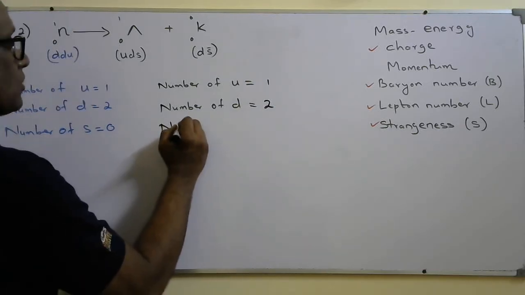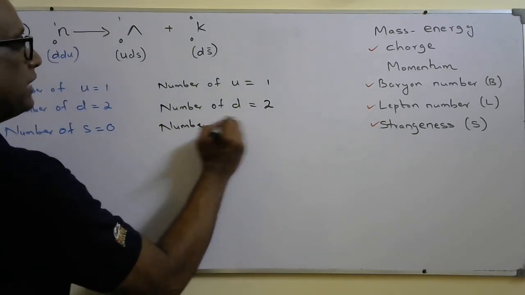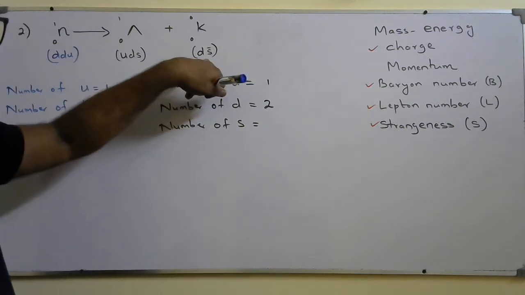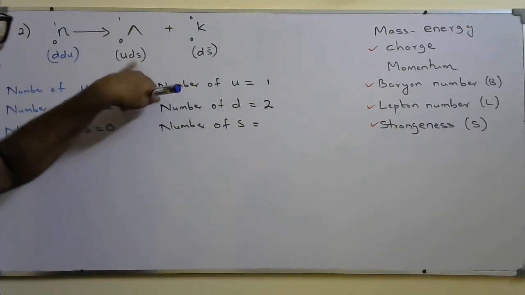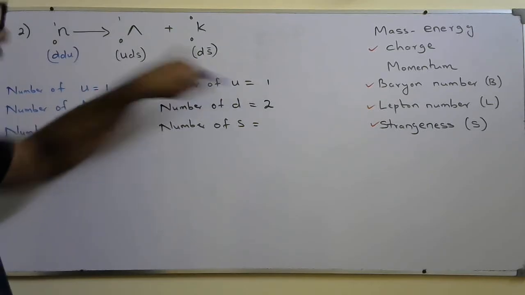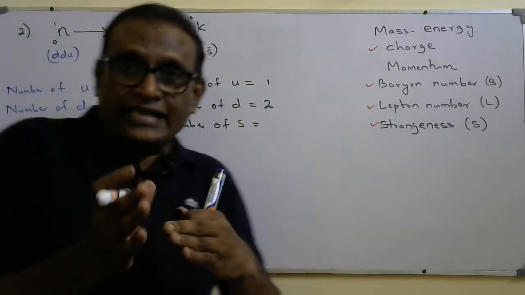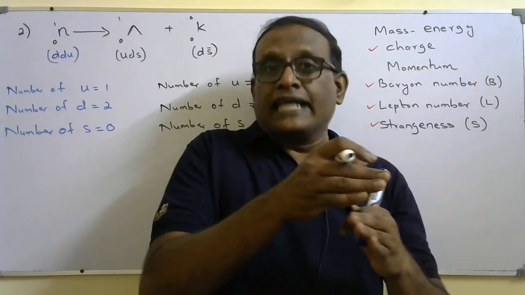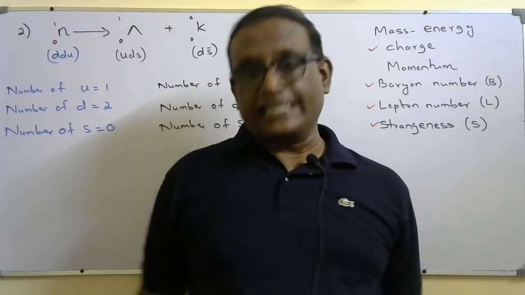Number of S quarks. Here S quark, here S bar quark. So students think, okay, how to count with S bar? Whenever there is S and S bar, U and U bar, a quark and its anti-quark, we imagine they get cancelled.